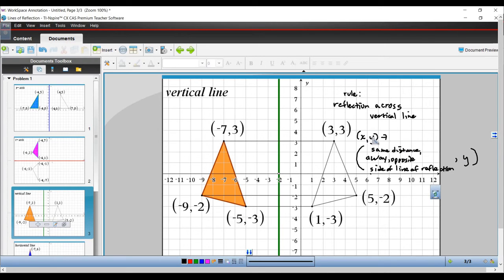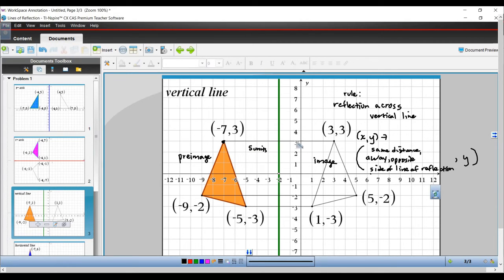Okay, so for any ordered pair, again, this over here is our pre-image, and this one here is our image. For any ordered pair, the x values are going to be the same distance away, but on the opposite side of the line. So if I have this point right here, to get to the line it's 1, 2, 3, 4, 5 units, right?